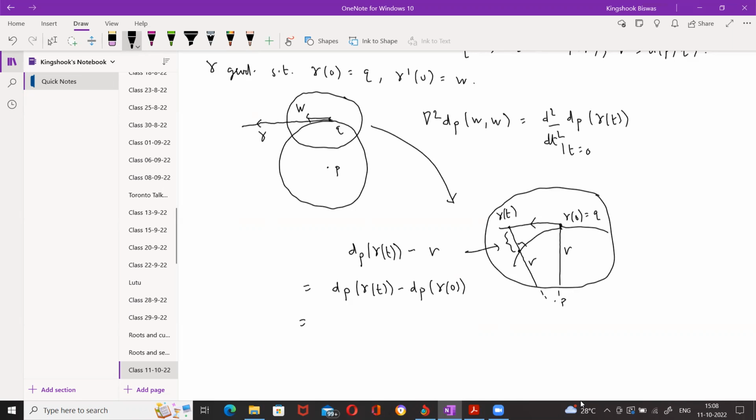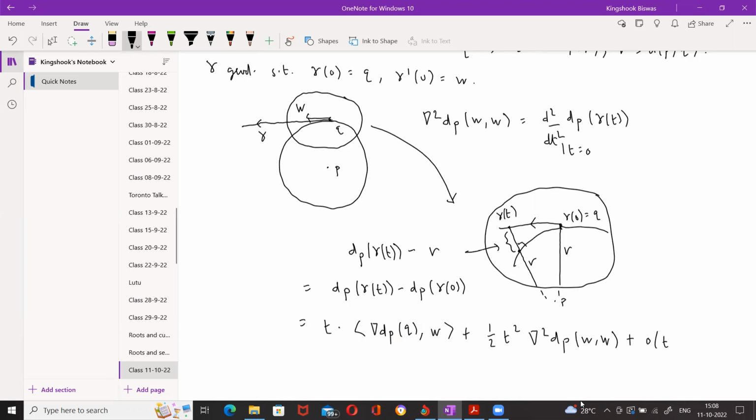So the first order term vanishes, because it is t times the inner product of grad d_P at Q with W, plus half t squared times the second derivative, which is the Hessian, nabla squared d_P(W, W), plus little o of t squared.